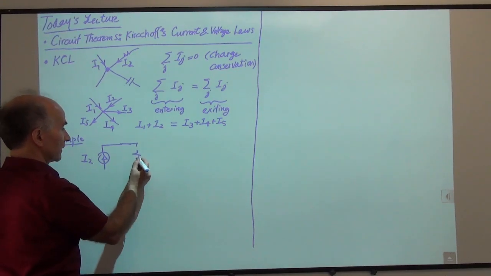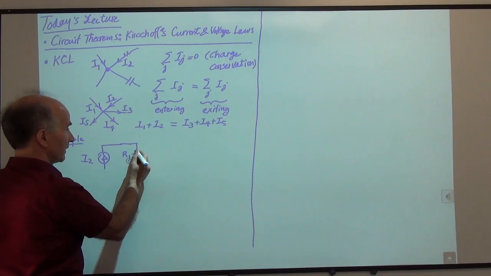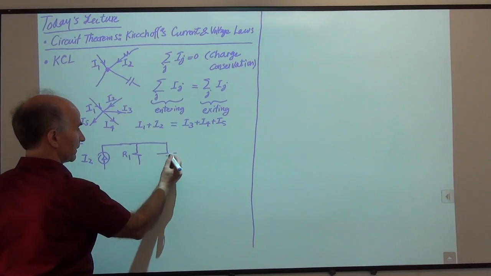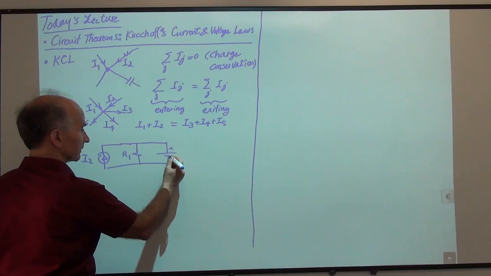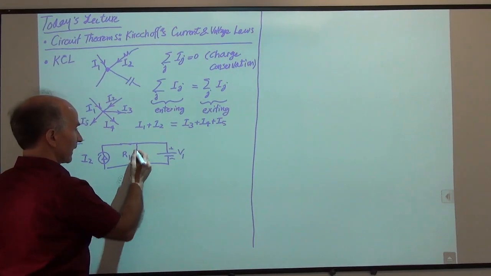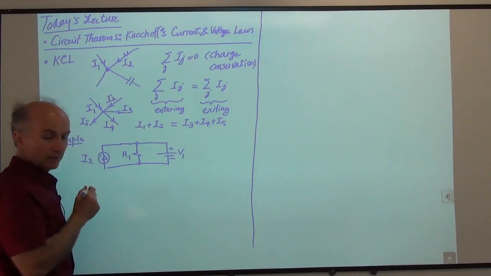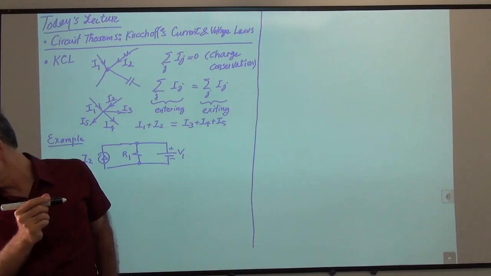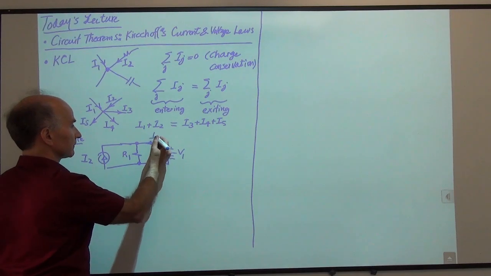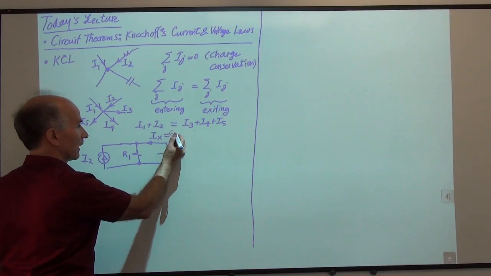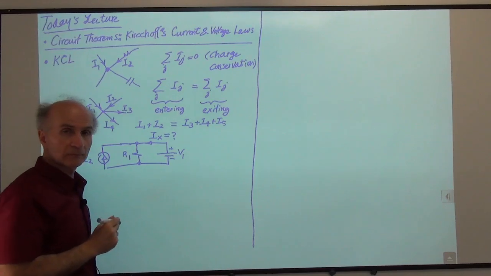So here's a resistor R1, here's a battery V1, and these are all connected like so, and we are interested in this current here, IX. So how much is IX?